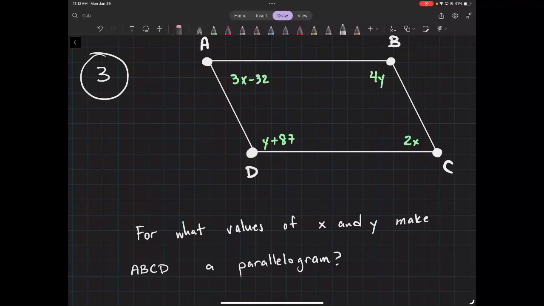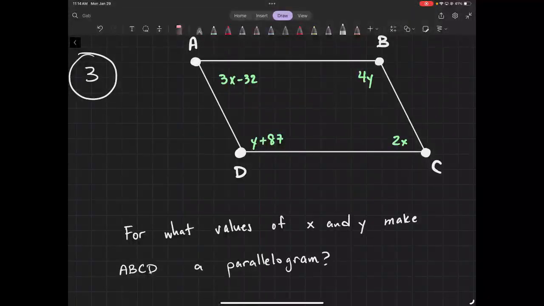Give you guys like 2 more minutes to try it yourself. No, do it. We just did an example.